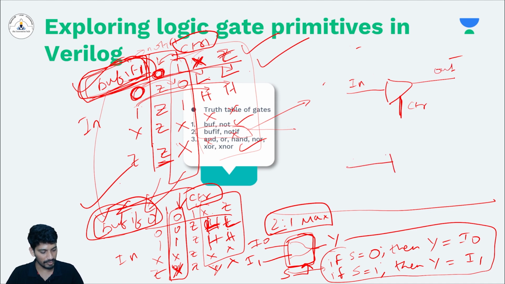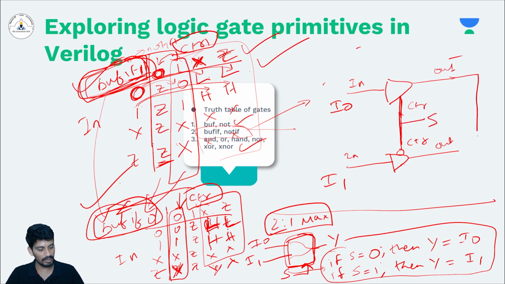Similarly, you have a buff if 0. This is control. This is output. This is input. So what I am doing, I am giving one of the inputs here. I0 is here and I1 is here, and I am connecting these two control signals as S, and I am connecting these two signals as output. This is my final output Y.